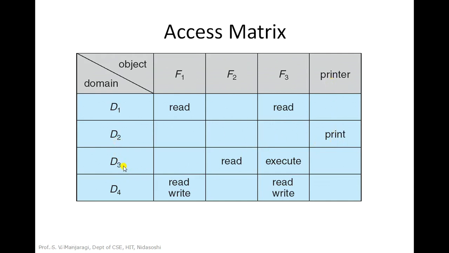Similarly, if you look at D3, here we have read, write and execute permissions for the processes of D3 on the file objects F2 and F3. In domain D4, the processes will have read write permission on F1 and read write permission on F3. The processes of domain D4 can perform read and write operations on file objects F1 and F3.